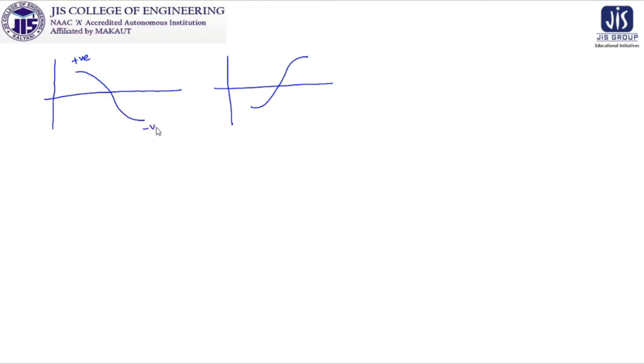Now, before entering into the specific topic of today's discussion, the bisection method, I want to emphasize one more point. If I have a function like this, or like this, here my functional value is positive and here it is negative, and here negative and here positive.